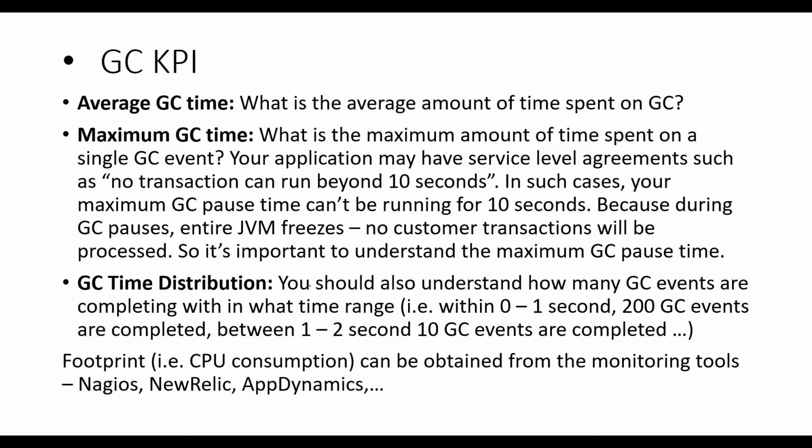Next thing to check is maximum GC time. First you check average GC time, next you check maximum GC time. Why is it important? Because sometimes your application is in very good condition, as we saw in the previous session.